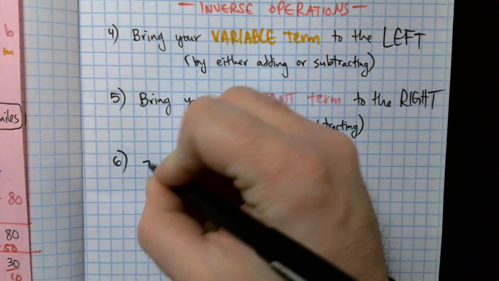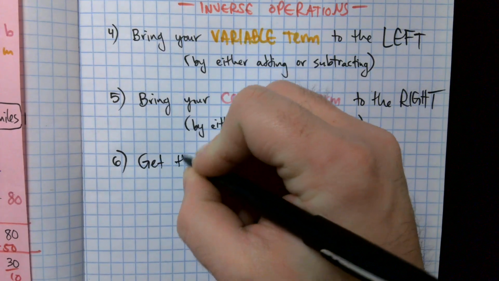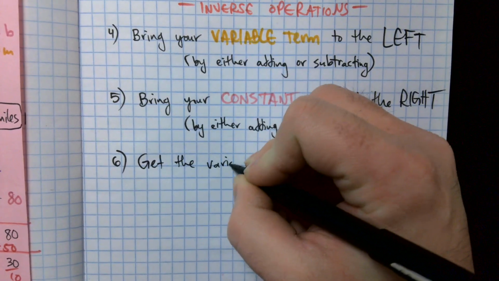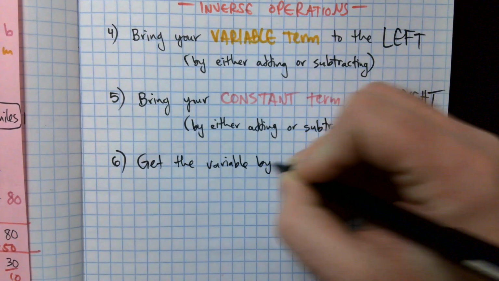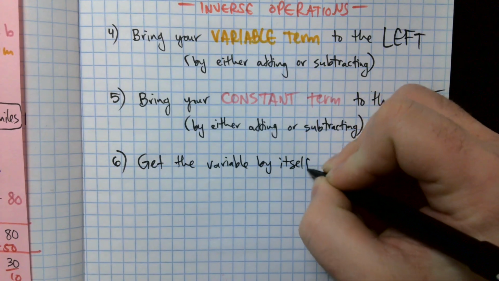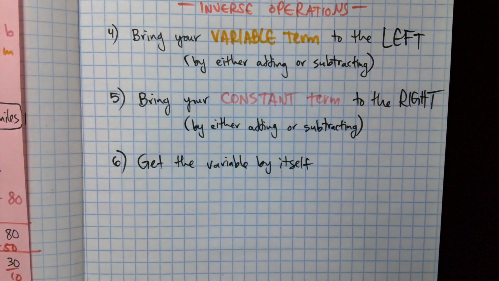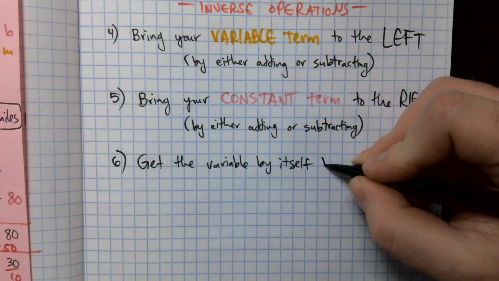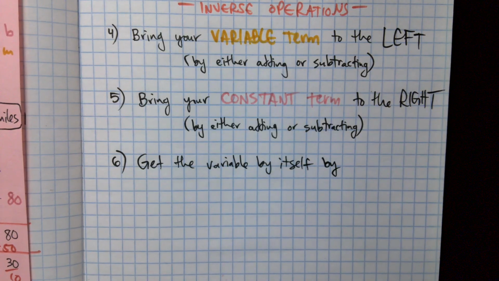Step 6, we're going to get the variable by itself by dividing.